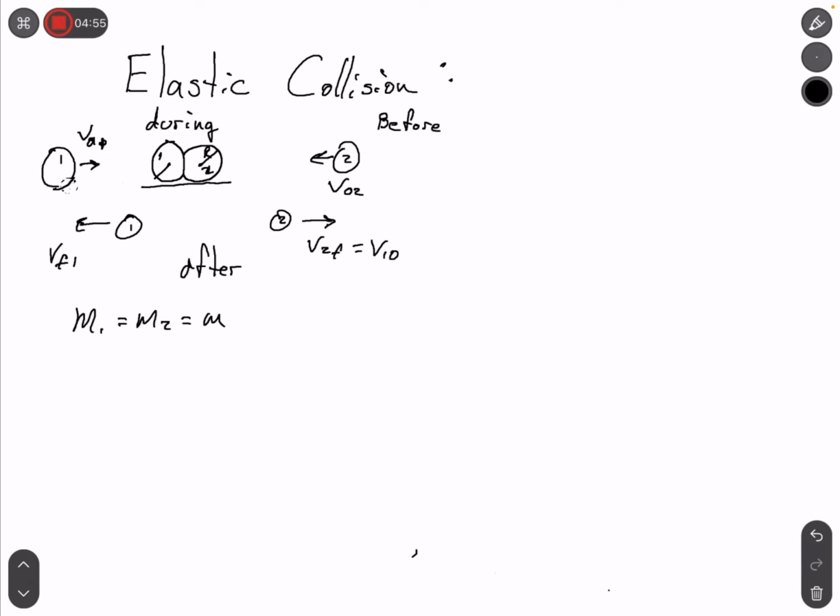So the internal kinetic energy is the sum of all the internal kinetic energies.